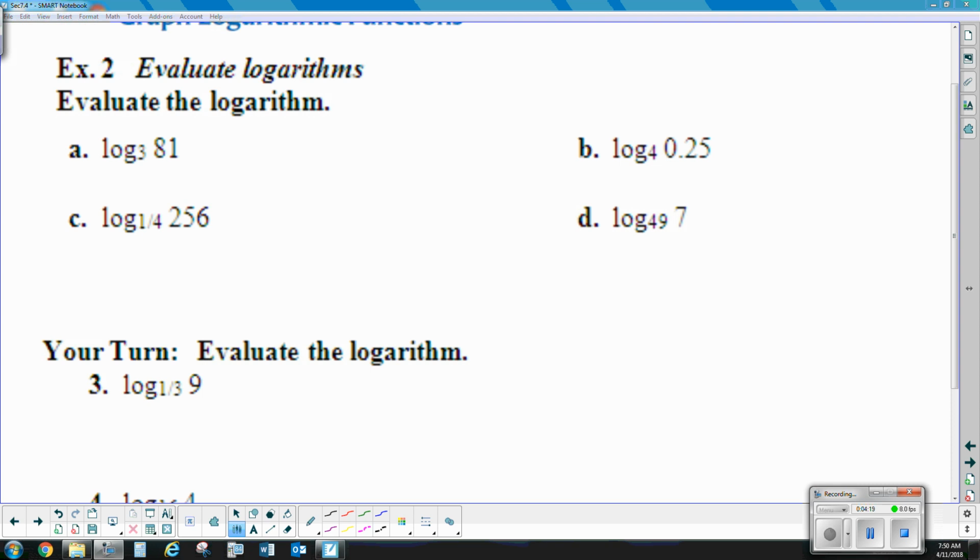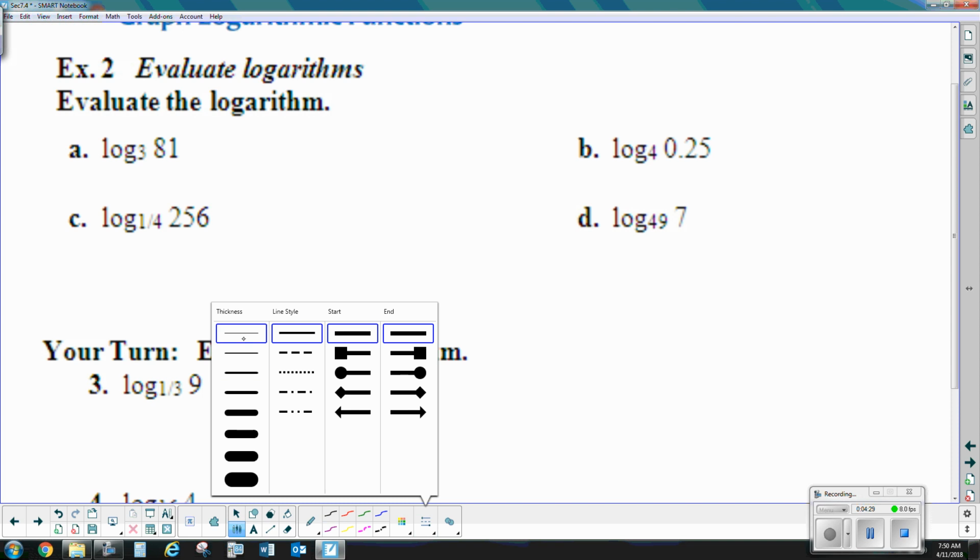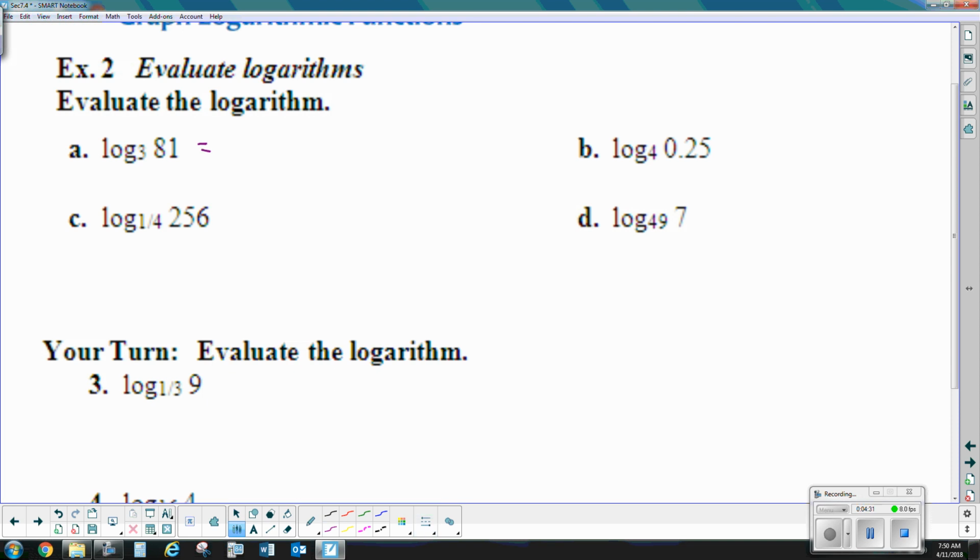All right, here we have to do a little bit of backwards working. So we don't know what these logarithms are equal to, but we do know that they're equal to the exponent. So 3 to some power equals 81.